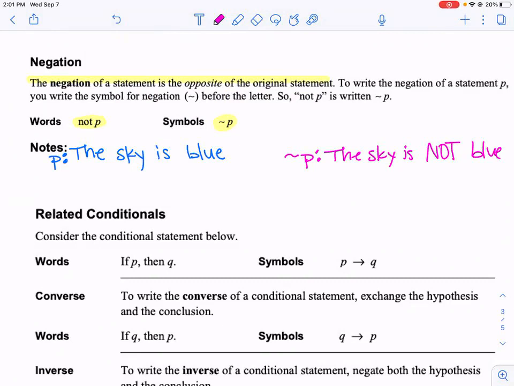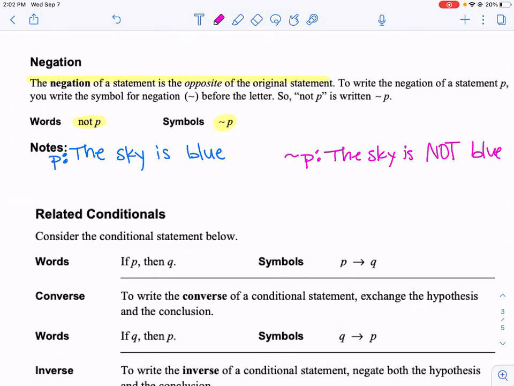We literally just make it opposite. Not necessarily true, but we're saying it's the opposite. So instead of saying the sky is green, you just throw in the not.